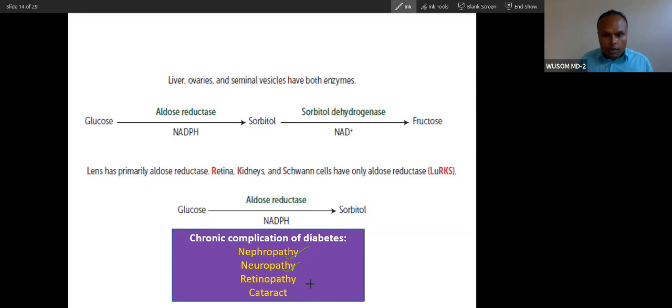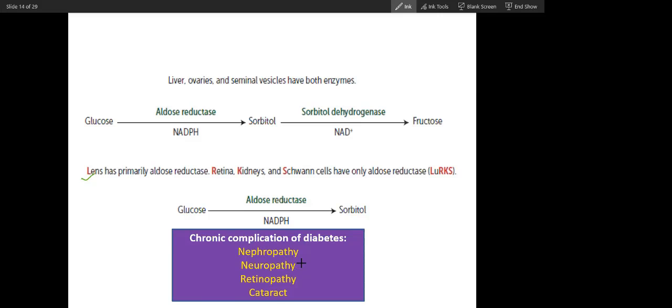The root of these complications is this pathway. Nephropathy in renal tissue, neuropathy in Schwann cells, retinopathy in the retina of the eye, and cataract in the lens. These cells have only this enzyme, so sorbitol accumulates in such tissue. Did you all understand the significance of this? Yes, sir. Okay, thank you.